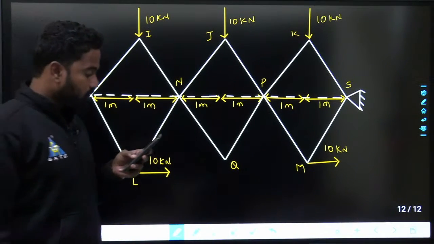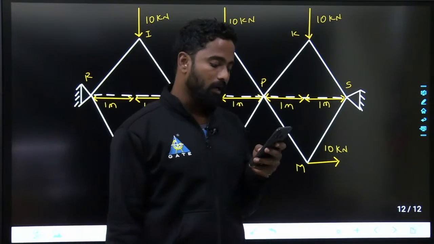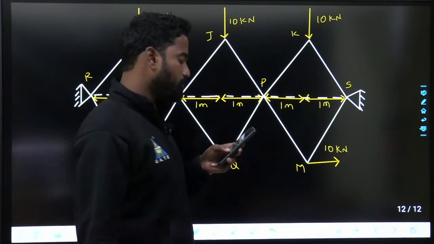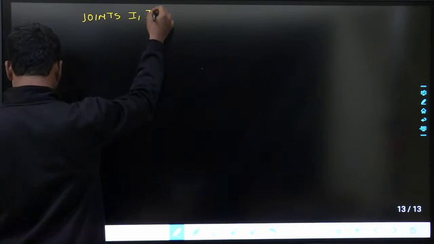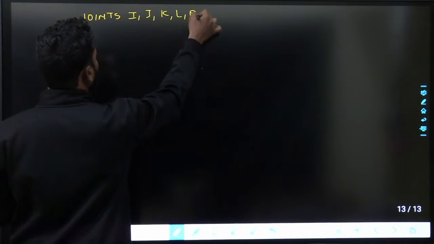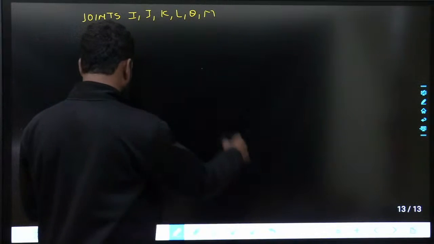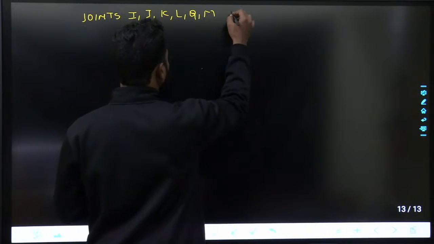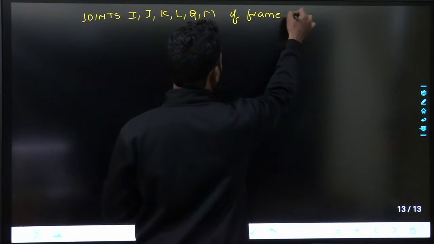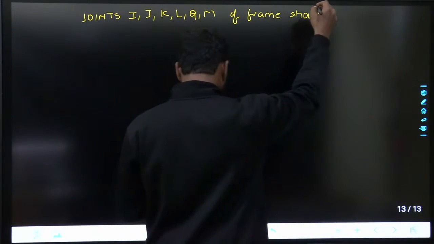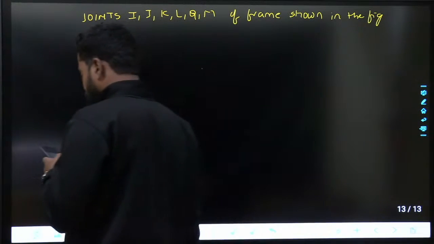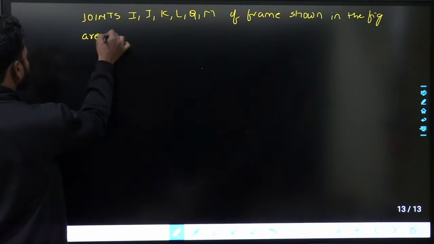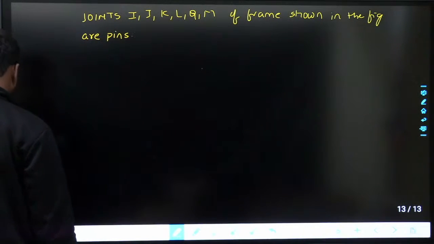The question is: joints I, J, K, L, Q and M of the frame shown in the figure are pins. These are pins.